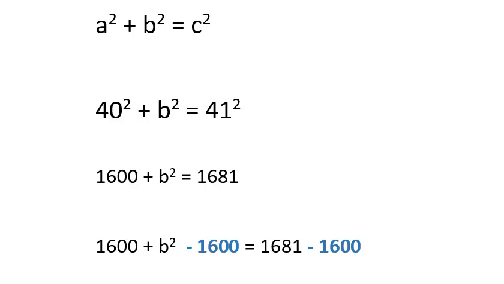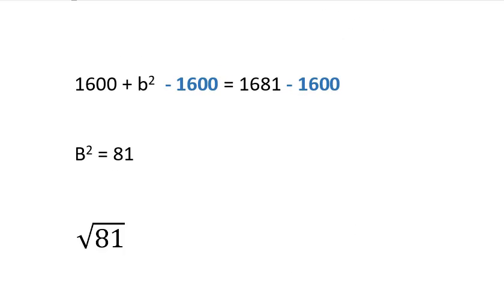Now, if we subtract equal amounts from both sides of the equal sign, both sides remain equal to each other. So let's subtract 1600 from both sides of the equation. You can see those numbers in blue. 1600 minus 1600 equals 0, so you end up with just b squared equals 1681 minus 1600. 1681 minus 1600 is 81.